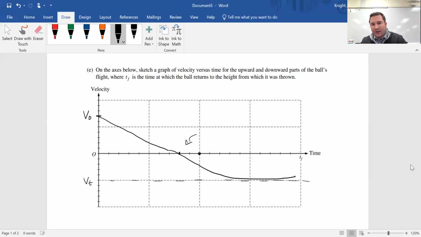So we go down, and then we get this asymptote as we reach the terminal velocity. Now, I probably could have made that a little bit less dramatic.